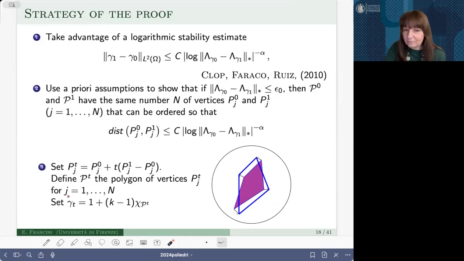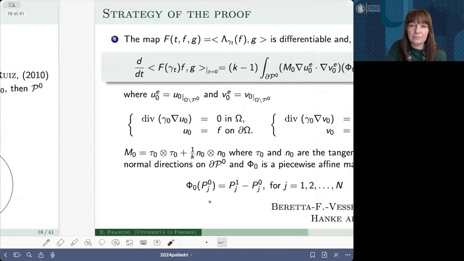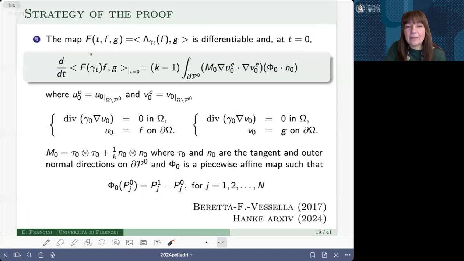And this lets us define a set of conductivities that depend on a parameter t that goes from 0 to 1, going from the situation of the first polygon to the second one in a continuous way. And this is the map that we are going to derive.